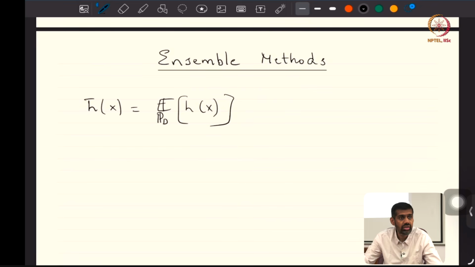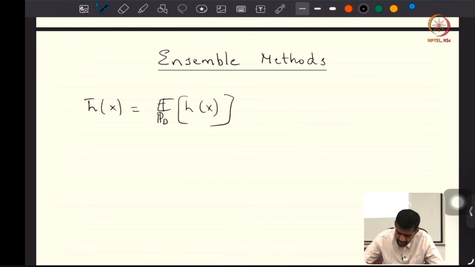If we have multiple data sets, of course, we can train multiple classifiers and average them. Since we are given only one single data set in practice, how do we compute this expectation is the question. The closest thing you can do is to approximate this expectation by creating data sets by sampling with replacement, okay.